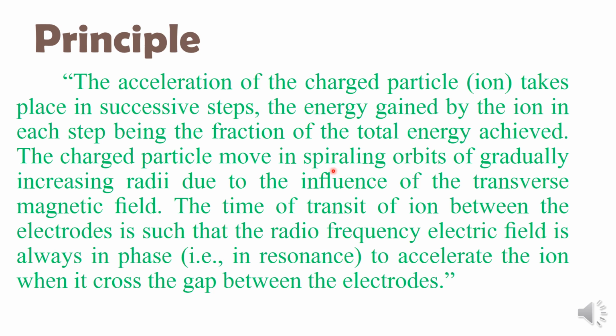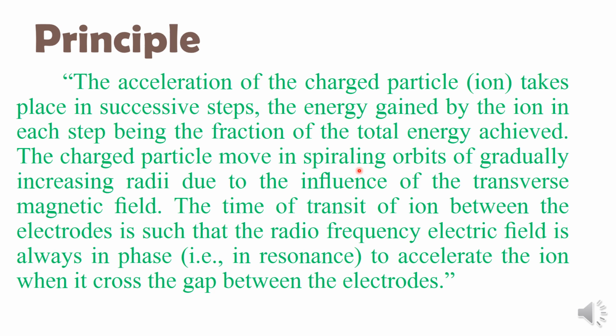Now cyclotron is a cyclic accelerator. In LINAC, the path of the particle is a straight line, whereas in cyclotron, the charged particle will take a spiral path. We are going to see why it takes a spiral path when we discuss the working of a cyclotron.